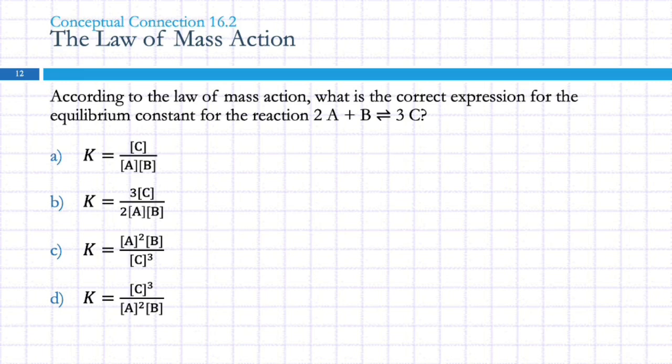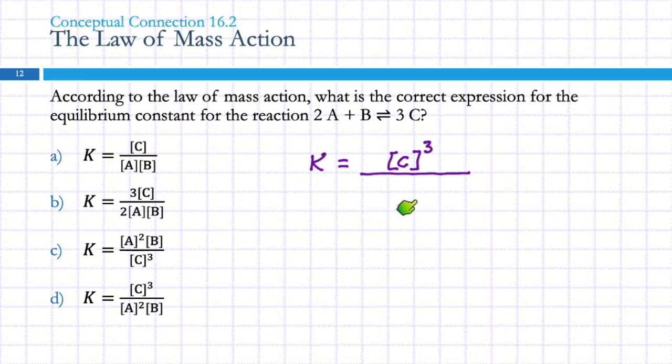And what we just learned about the equilibrium constant, what are we supposed to do here? So the equilibrium constant is going to equal something over something. Which goes on top, products or reactants? The products. So we have one product here, and so that's the concentration of C. And what do we do with this coefficient? That's the exponent.